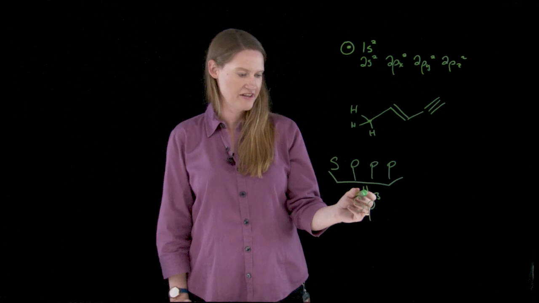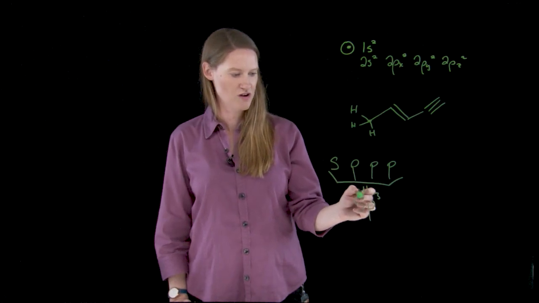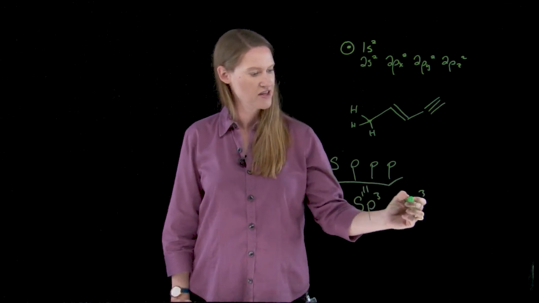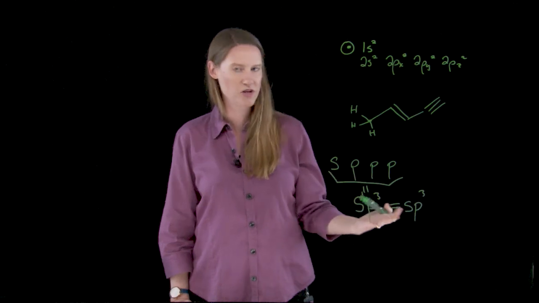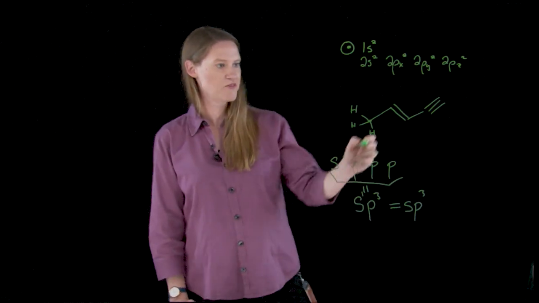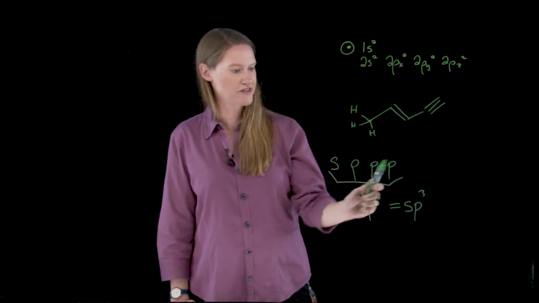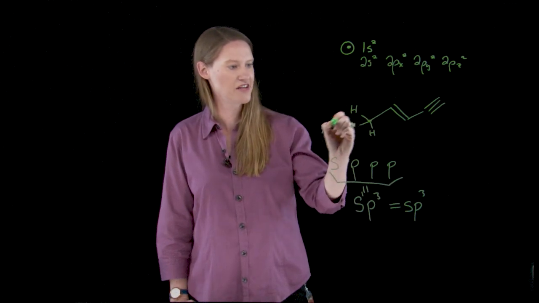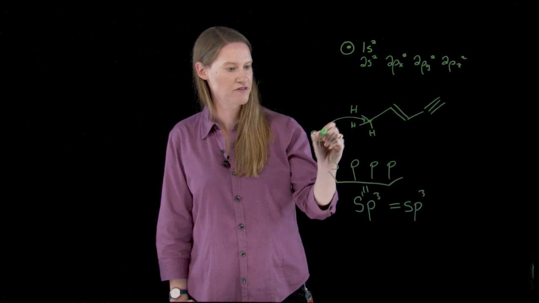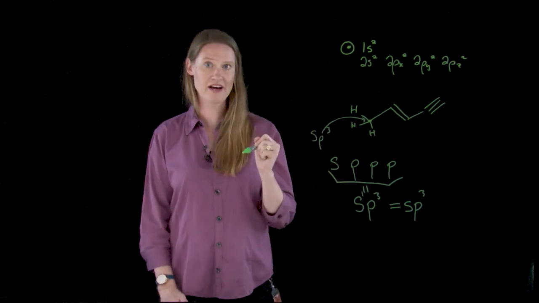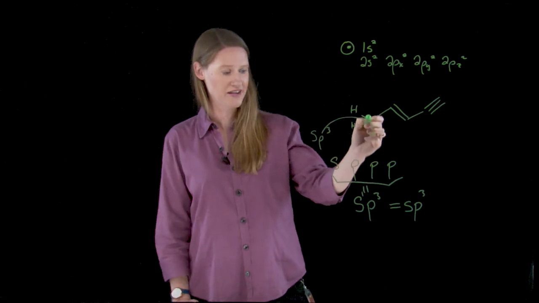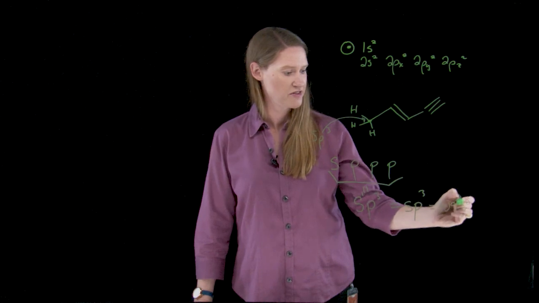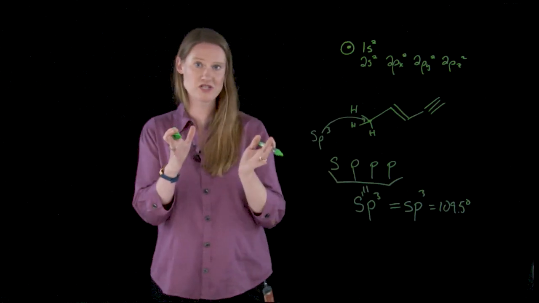Now, because we're lazy and it makes it a little messy, we typically don't draw this 1. You'll usually see this drawn just as sp3. And we're assuming that there's a 1 here, but we don't typically draw it. And so if I'm going to make 4 bonds, I need to mix all of my atomic orbitals. That makes it sp3. And so we would label the hybridization of this carbon as sp3. Now sp3 hybridized atoms have their bond angles at 109.5 degrees. That's the bond angle that gets them as far away from each other as possible.